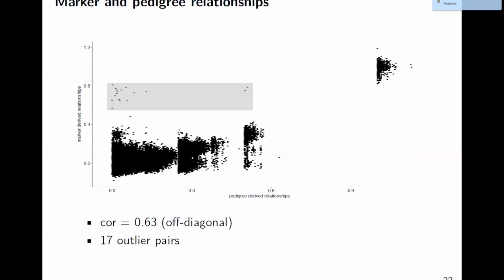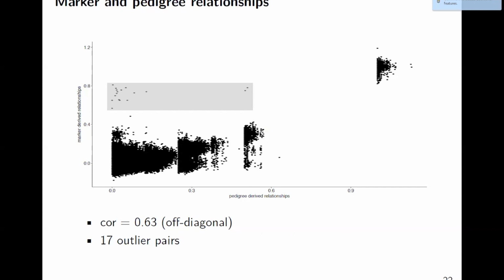Moving on. We also have pedigree information from those clones that we used to estimate relationships between the clones. And here I'm doing a comparison between the marker relationships and the pedigree relationships. There is an overall correlation of 0.63, not that high, between those estimates.